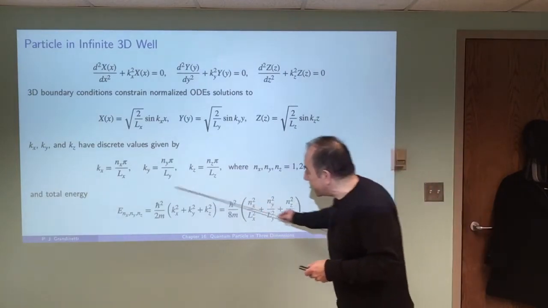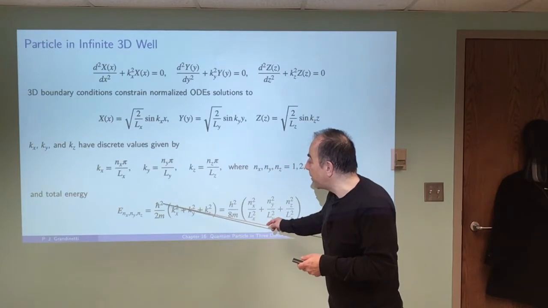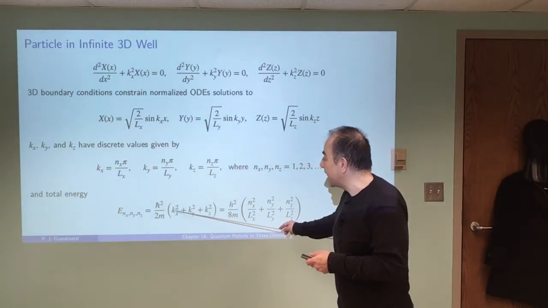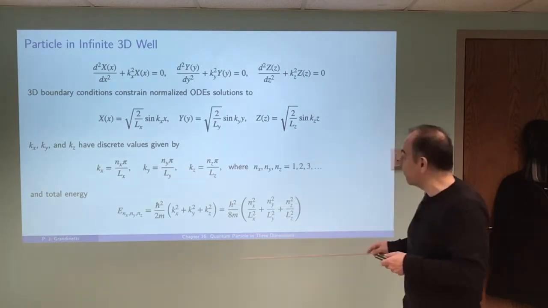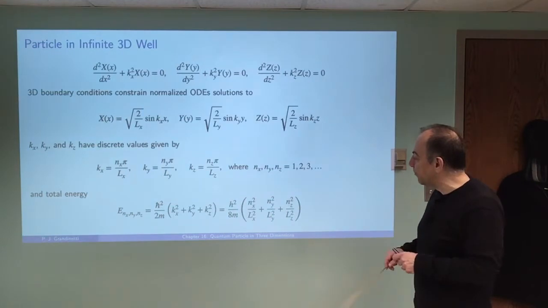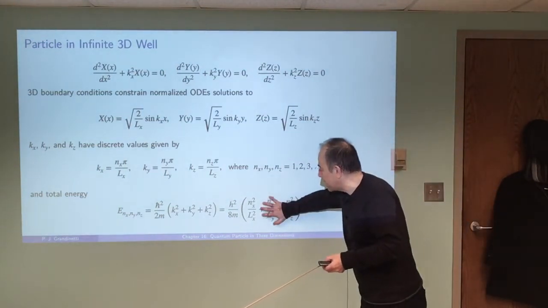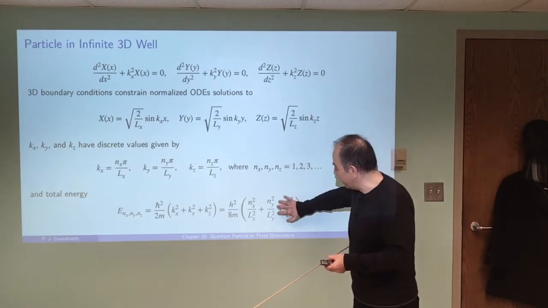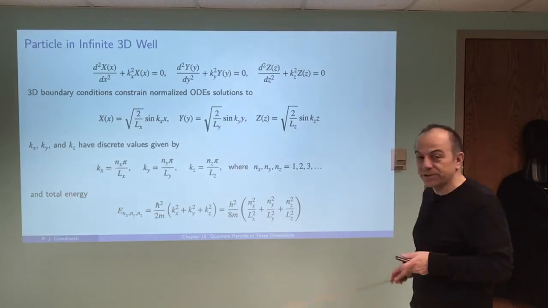Now, if I calculate the total energy, which we can find will be h bar squared over 2m times kx squared plus ky squared plus kz squared, and then substitute in these definitions here, we get an expression which should look familiar if you remember the particle in a 1D well. It just looked like this part right here, but if it was 2D, we would have that extra term, and now with 3D, we have these three terms here.